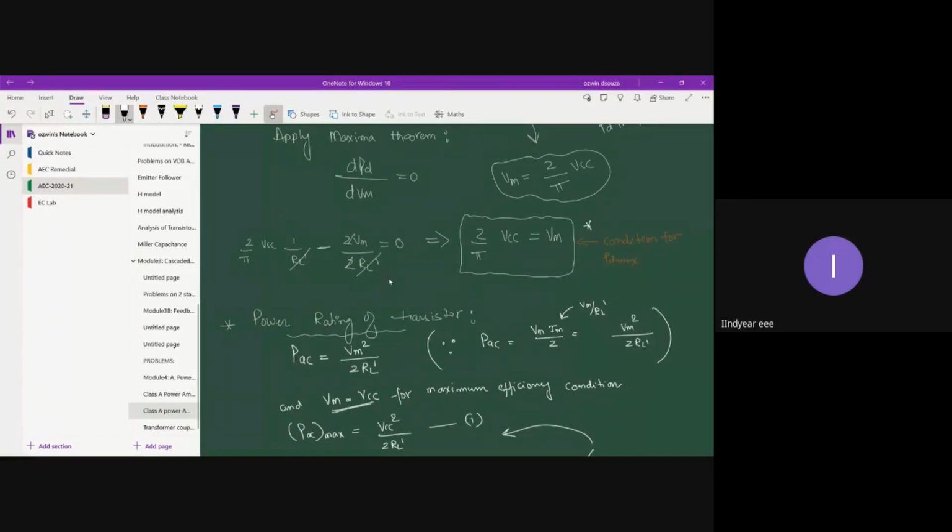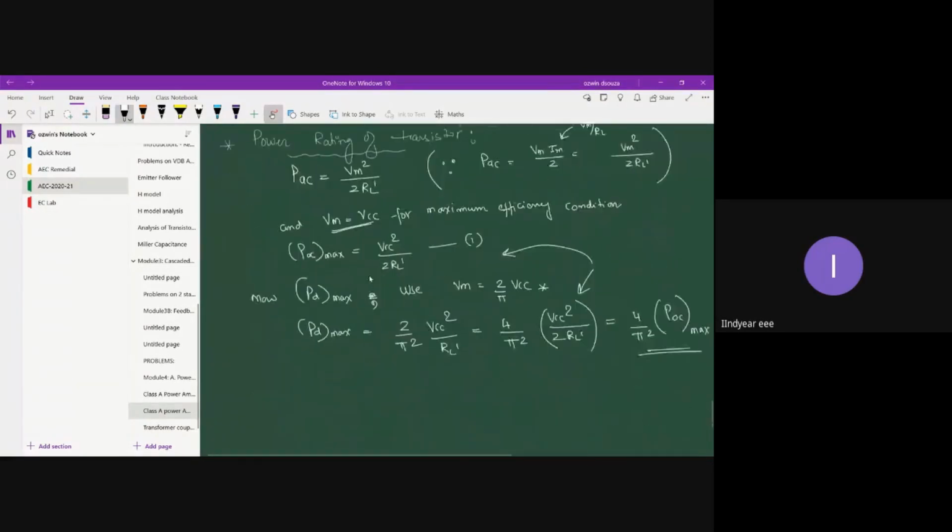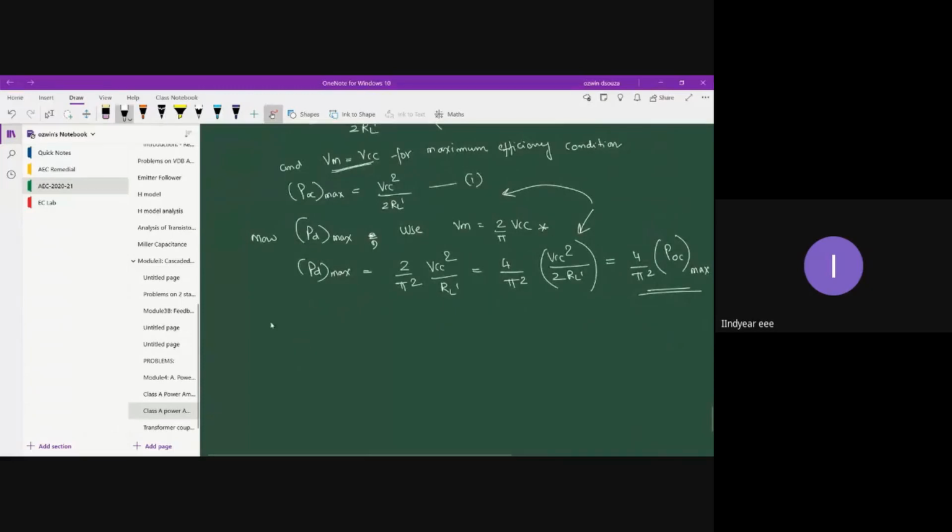Okay. So therefore, power dissipation per transistor is equal to PD max divided by 2. So power dissipation per transistor is equal to PD max divided by 2.